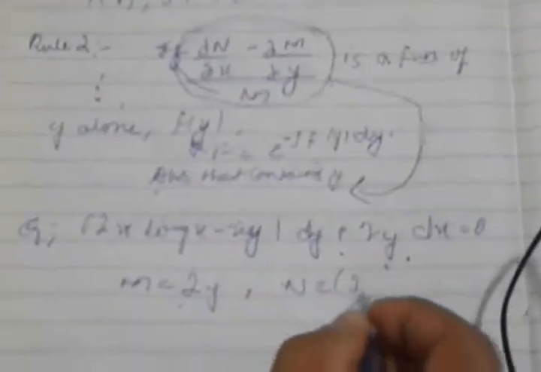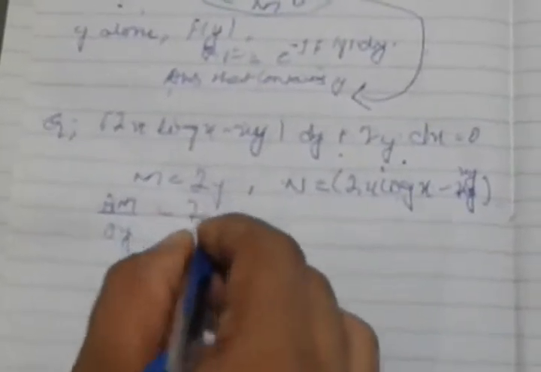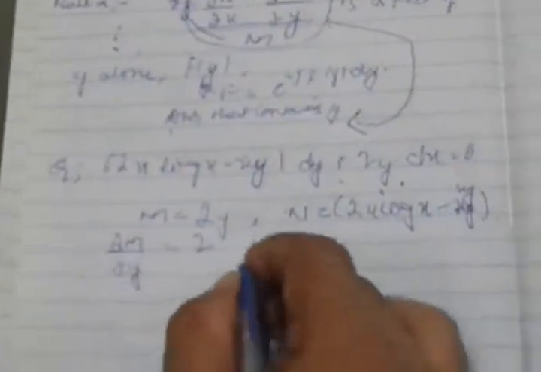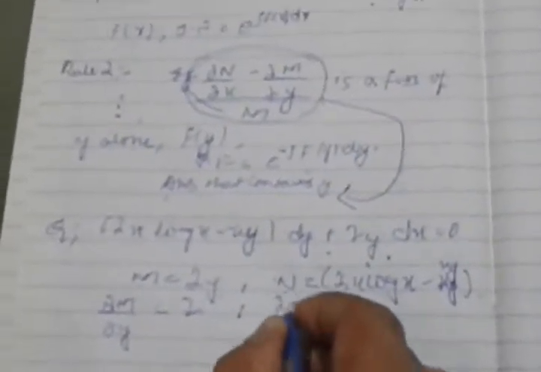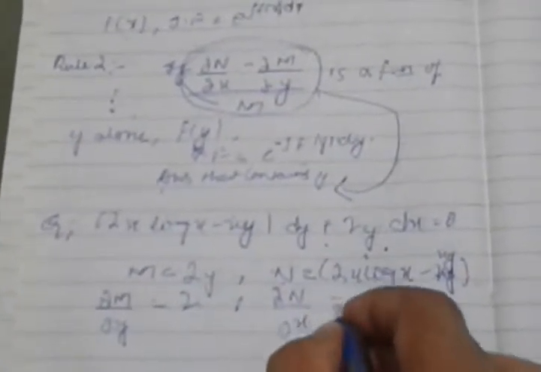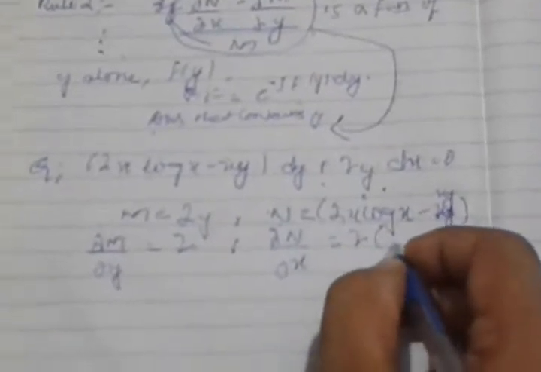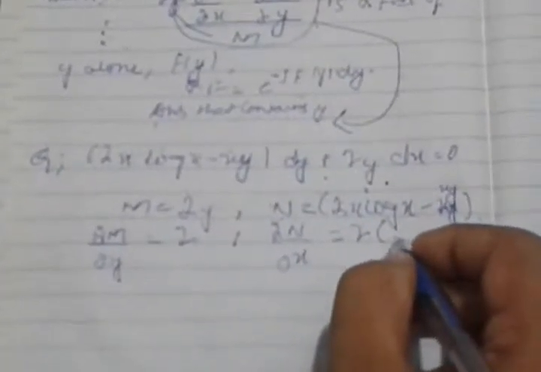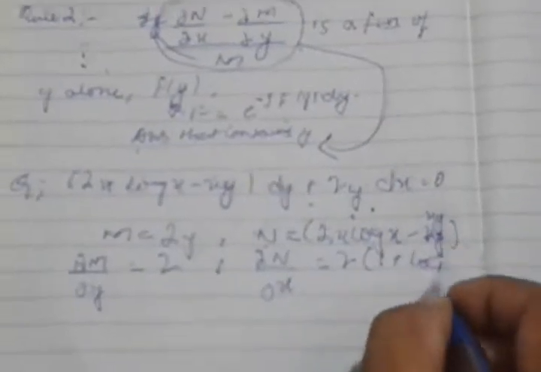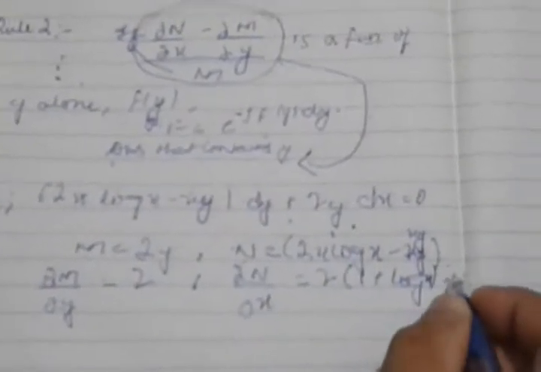Similarly N will be equal to 2x log x minus xy. By differentiating M with respect to y, ∂M/∂y equals 2, and differentiating N with respect to x, taking 2 as a constant, gives 2 log x minus y.